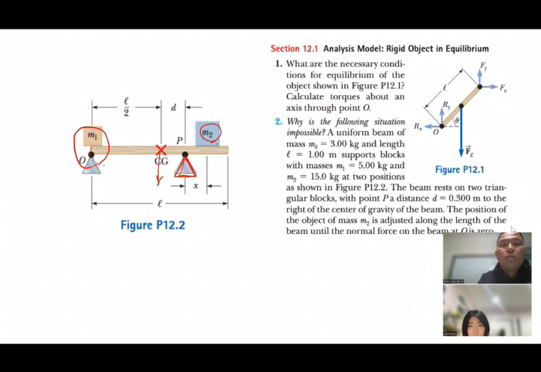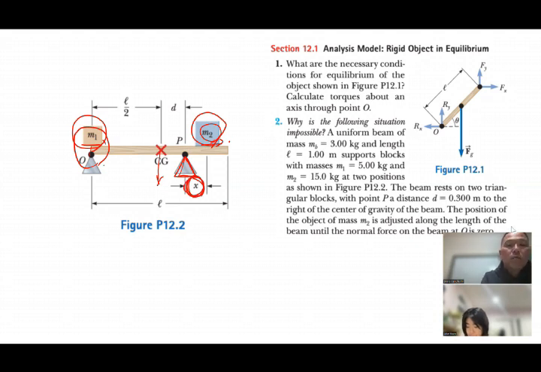So first of all, I think you should estimate the net torque out of this M1 and M2. You have to estimate the torque out of the two masses and find out the x value.